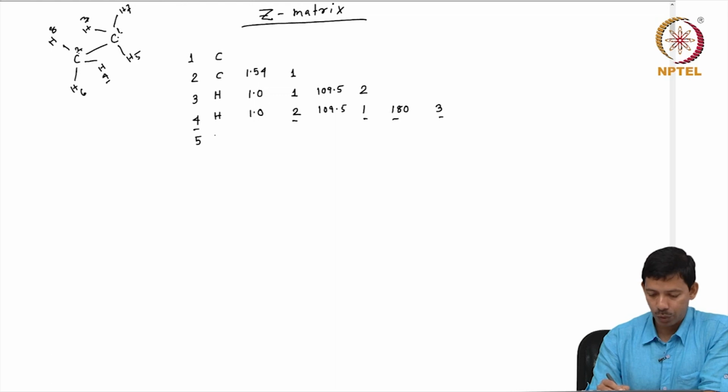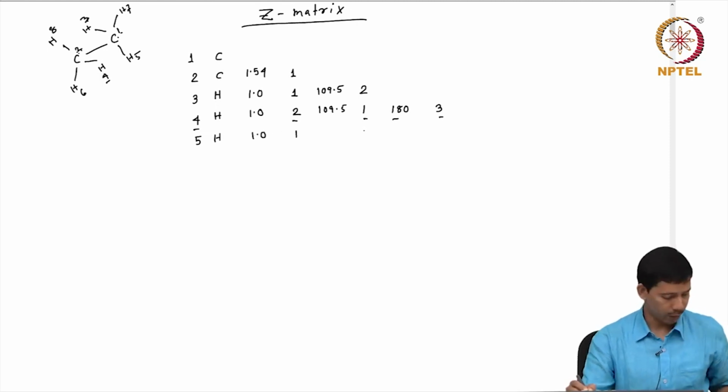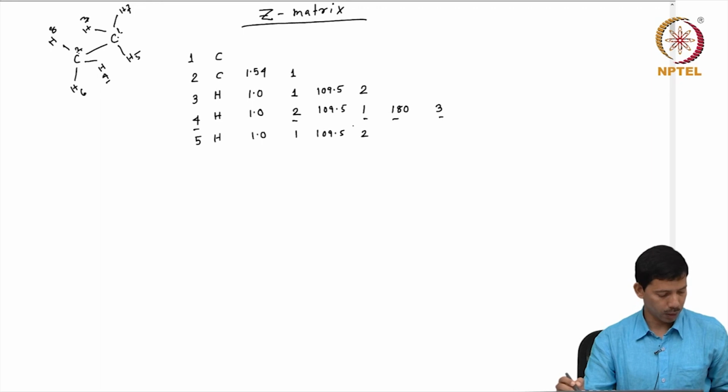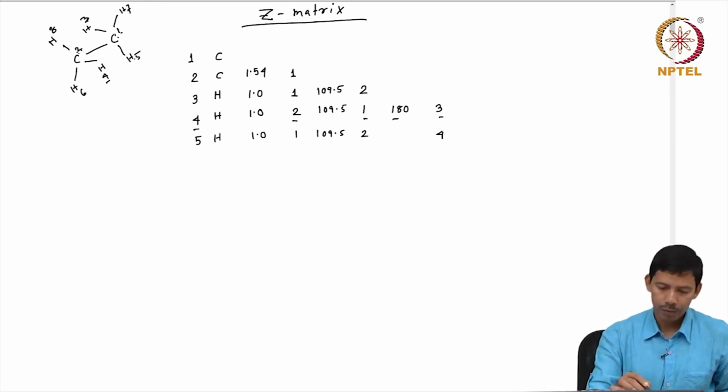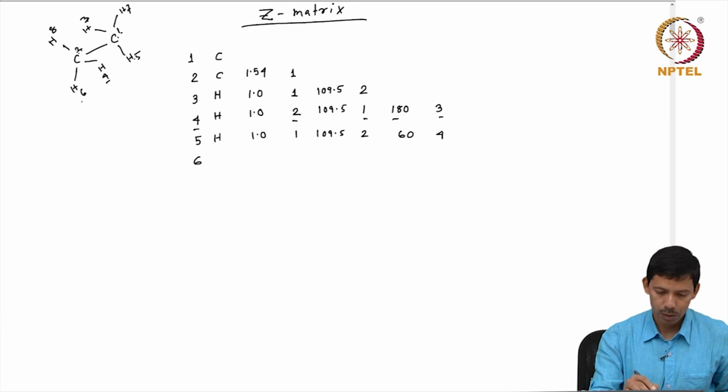Similarly, 5 is also a hydrogen connected to 1 by 1.0. It makes an angle of 5, 1, 2 of angle value 109.5. It forms a dihedral 5, 1, 2, 4, and that angle is 60 degree. Where is my 6? My 6 is here.